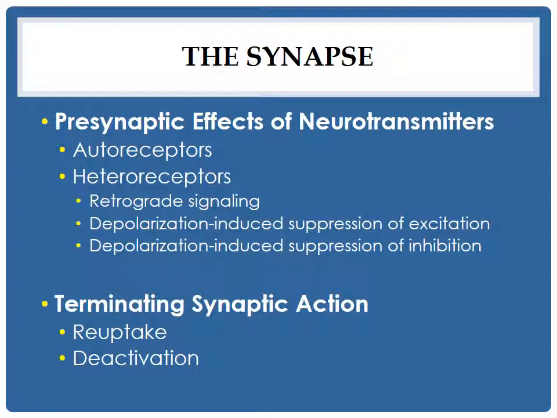And then finally, at some point, you need to stop the action. You need to stop the transmission of neurotransmitters. You can do this either by reuptake, where the presynaptic cell reabsorbs the neurotransmitter and effectively recycles it, or deactivation, where an enzyme degrades the neurotransmitter and then again it can be recycled.